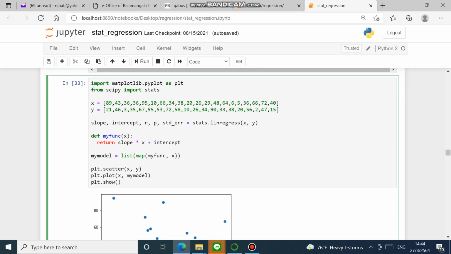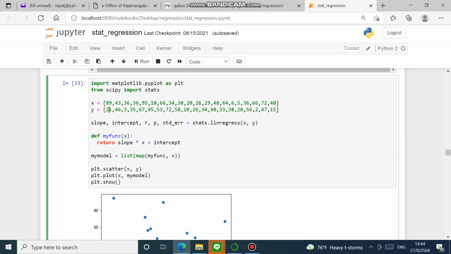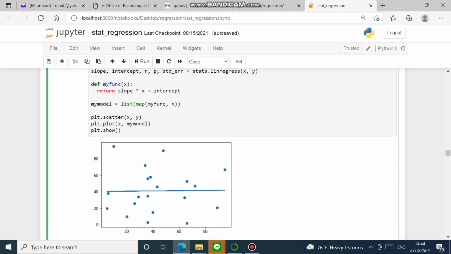You see it is scattered. If you plot x and y pairwise, like 89 and 21, 43, 46, into the two-dimensional space here, we can observe that it is scattered.